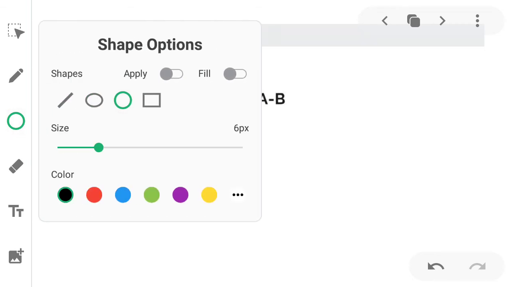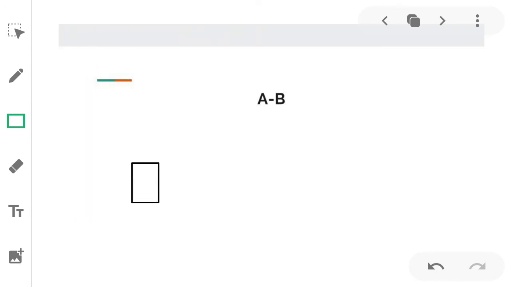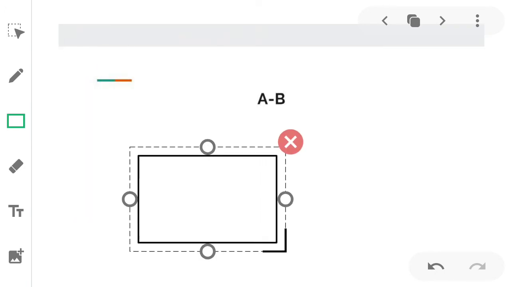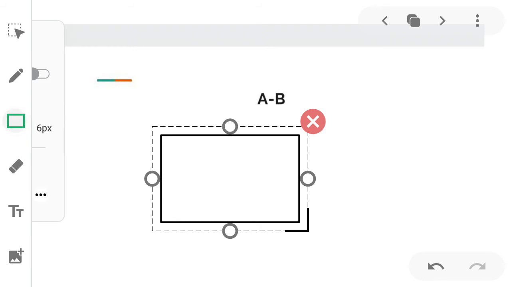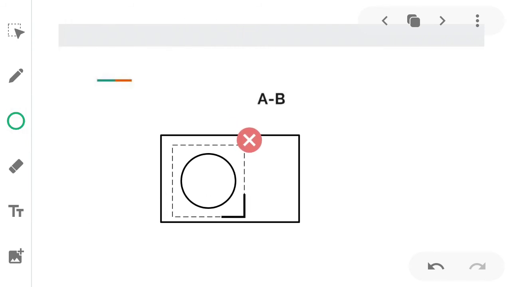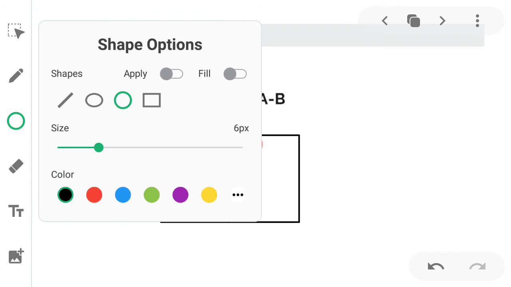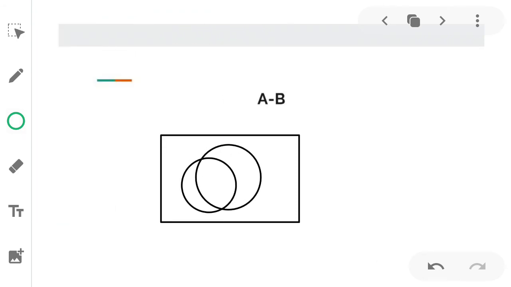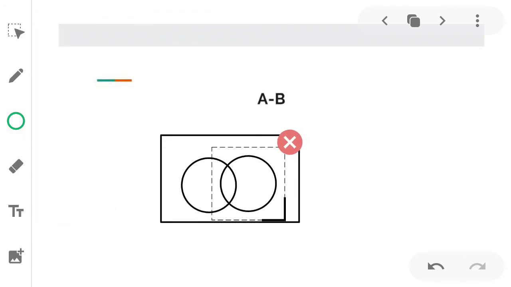First we draw the rectangle, then take two circles, and I will make them somewhat equal. Here I will write this as U, this as A, this as B.